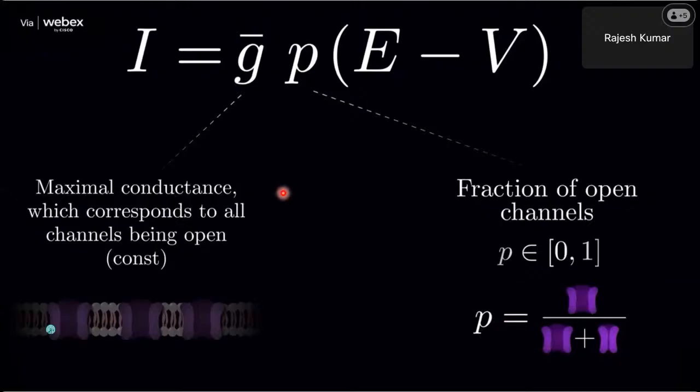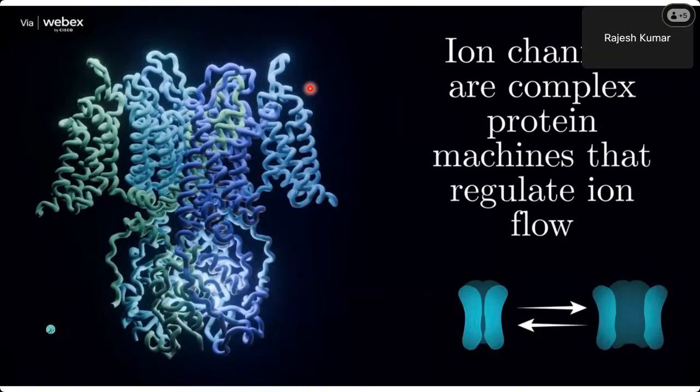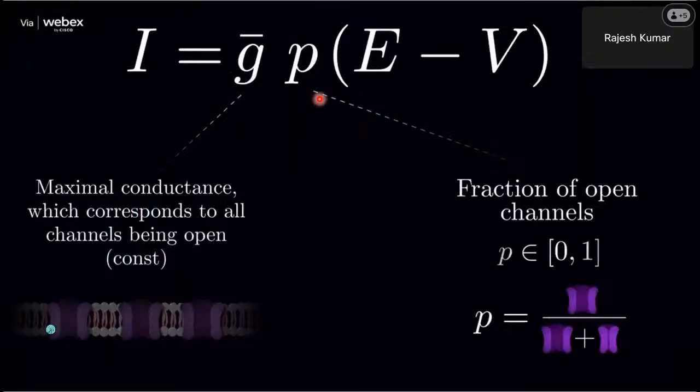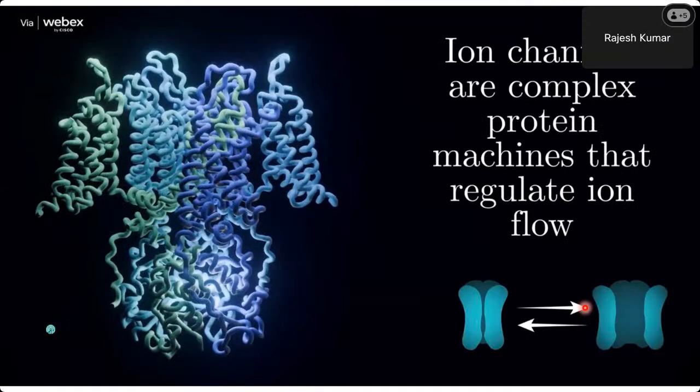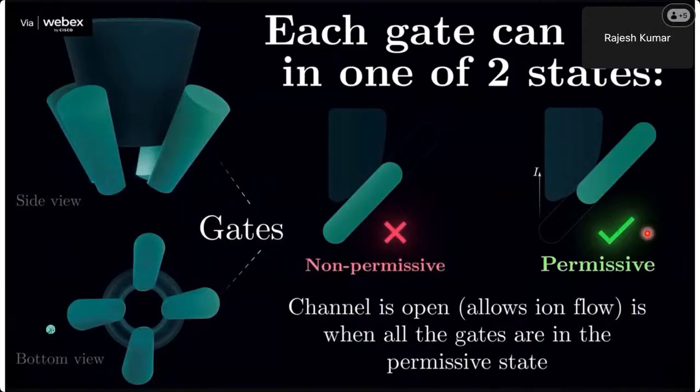Since this product is now variable, that makes our equation a reasonable one. But it is not so simple that we consider P as a simple probability of how many are open and how many are closed. It depends upon the complex protein mechanism which regulates the opening and closing of your gates. There are two types of gates, permissive and non-permissive.